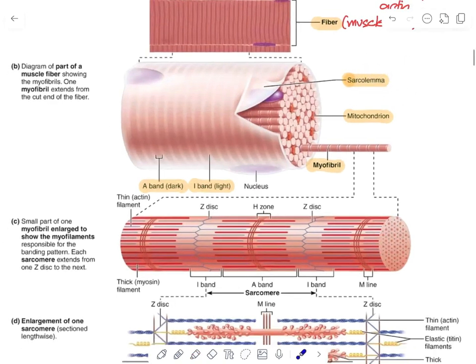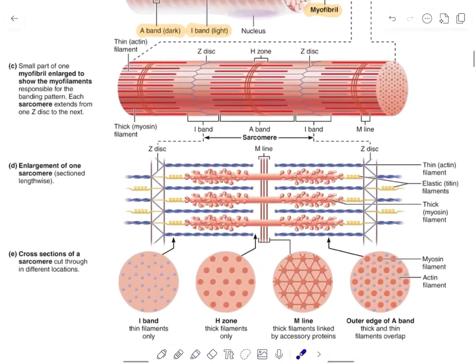Looking further down, we see a very detailed sarcomere. You can see the sarcomere goes from one Z disc to another Z disc. Again, the H zone is in the A band. The Z disc is in the I band.